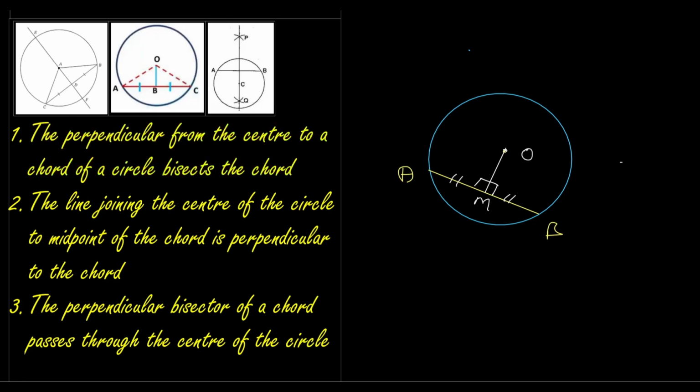This is the first, and the second one is that the line joining the center to the midpoint of the chord is perpendicular to the chord.